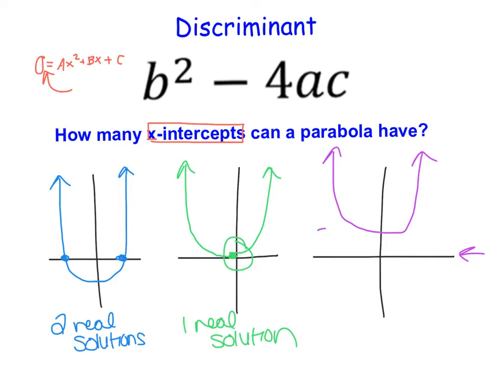So when we don't cross the x-axis and we don't have any x-intercepts, what's really happening is that our quadratic function doesn't have two real solutions, but it instead has two imaginary solutions. And so in this case, we're going to have the imaginary i involved in our answers. So our options are that we have two real solutions, one real solution, or two imaginary solutions.